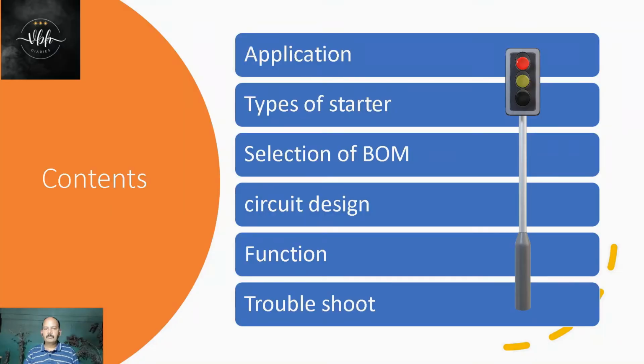So, contents. Application: where all we can use the DOL starter. Types of starters, which I'll cover. Selection of BOM: how to select the BOM and what is the criteria to select it. Circuit design: how to design the circuits, what variety of circuits we can design.